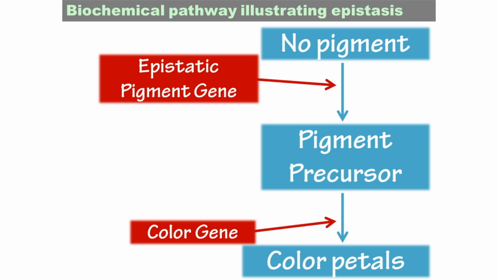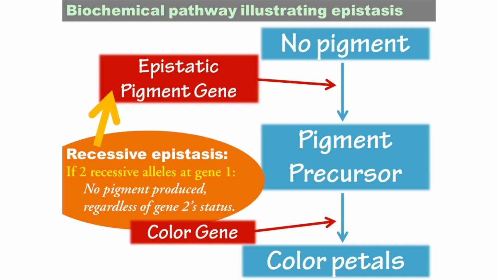You start out with some compound that gets modified into a pigment precursor, a chemical that now can be turned into a pigment, blue or something else. Then you have another step where that pigment precursor gets modified by the color gene into one color or another.